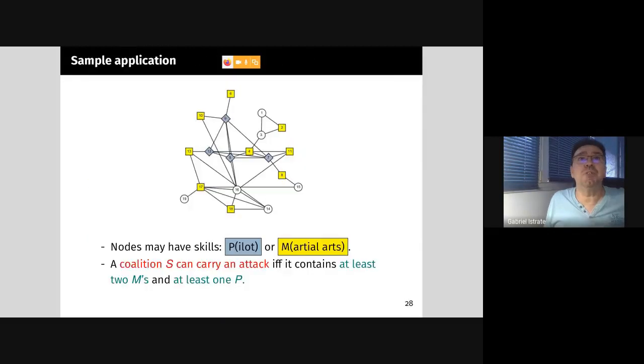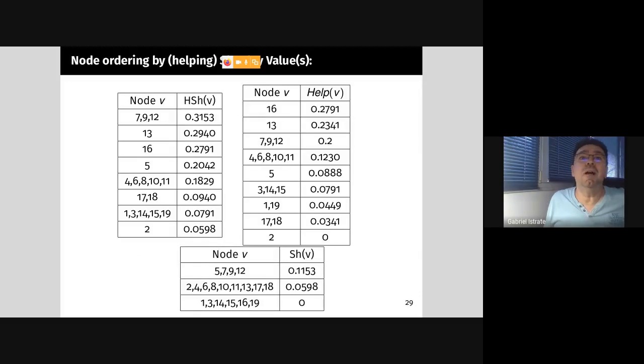So what Shapley value is telling us is the following. It's more critical to be a pilot than to know martial arts, and that's more valuable than not being able to do anything. If you look at this last table, this is what the ordinary Shapley value is telling us.